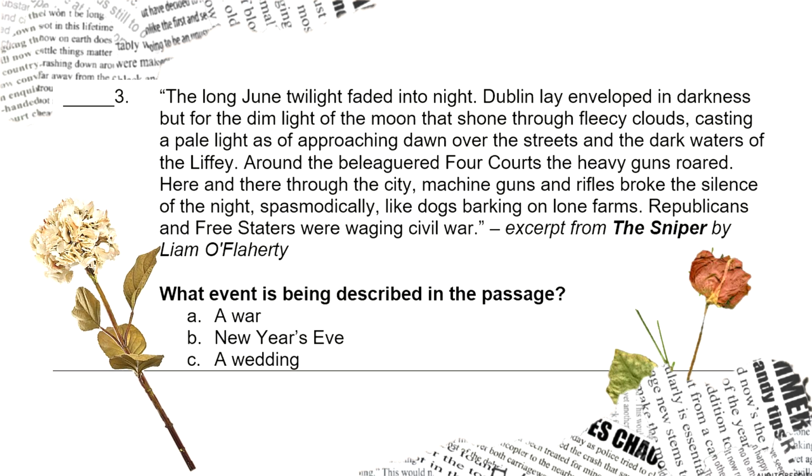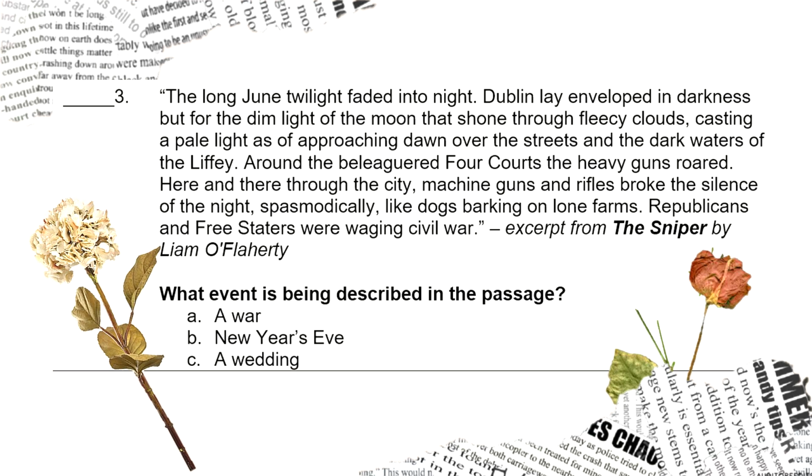Number 3. The long June twilight faded into the night. Dublin lay enveloped in darkness, but for the dim light of the moon that shone through fleecy clouds, casting a pale light as of approaching dawn over the streets and the dark waters of the Liffey. Around the beleaguered forecourts, the heavy guns roared.